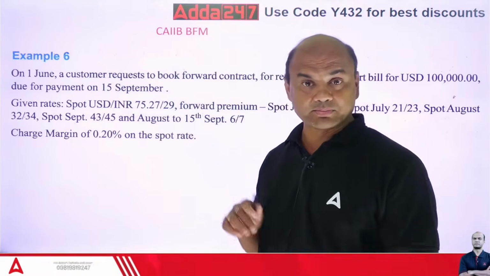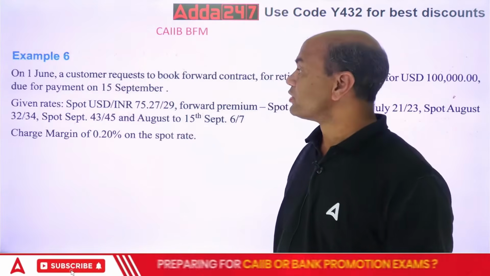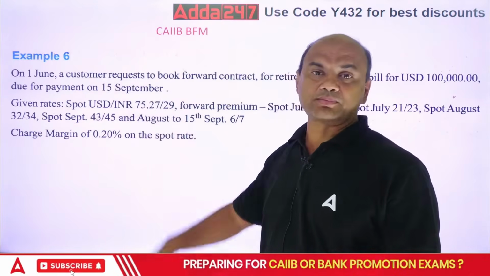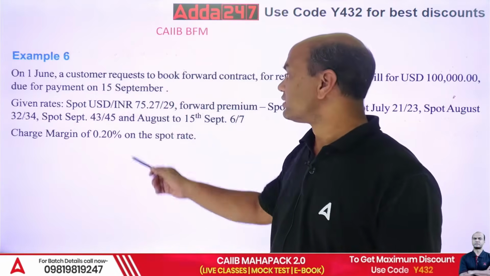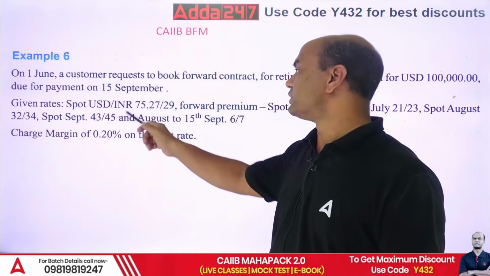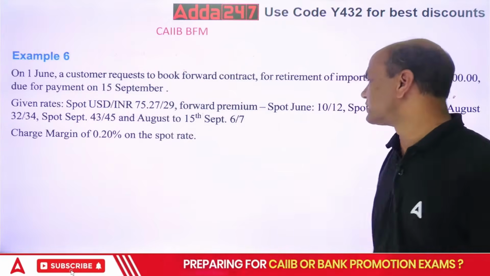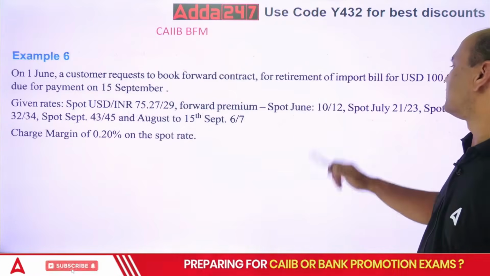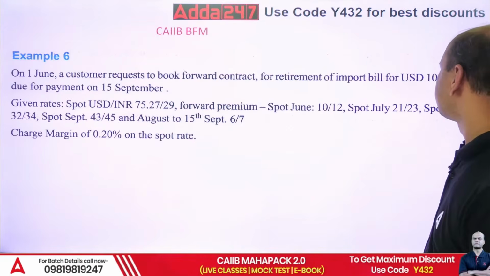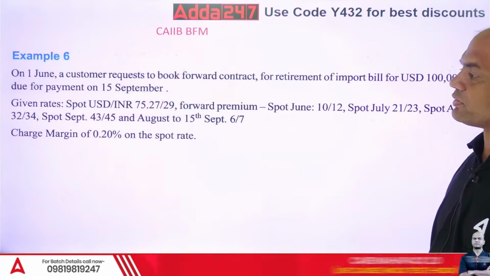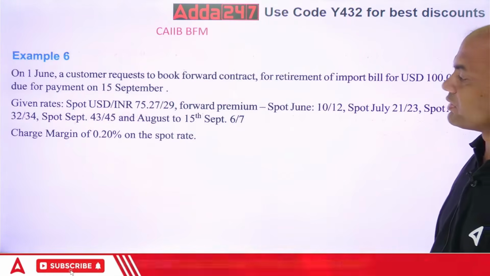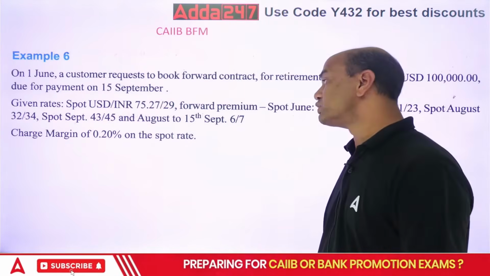It is from your Macmillan book. Given spot rates, USD INR is 75.27-29. Forward premium is given as: spot June 10-12, July 21-23, August 32-34, September 43-45, August to September.